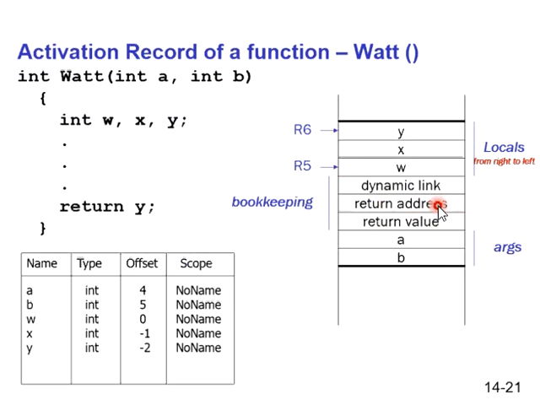You also need a dynamic link for storing the special region storing the local variables of the calling function. Finally, you have the local variables of the function what. So this is the activation record of what.